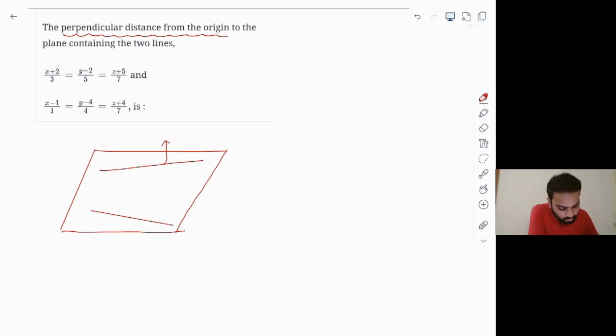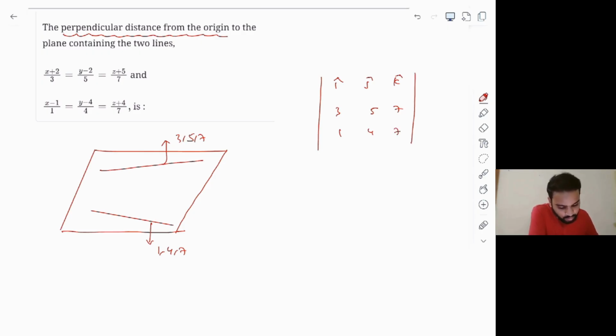And what are the DRs of the first straight line? 3 comma 5 comma 7. What are the DRs of the second line here? 1 comma 4 comma 7. Okay. Now what is the first thing that I told you? Do the cross product of the DRs. Okay, so let us do the determinant of i cap, j cap, k cap, and then DRs of the first line 3 5 7, and then DRs of second line 1 4 7.